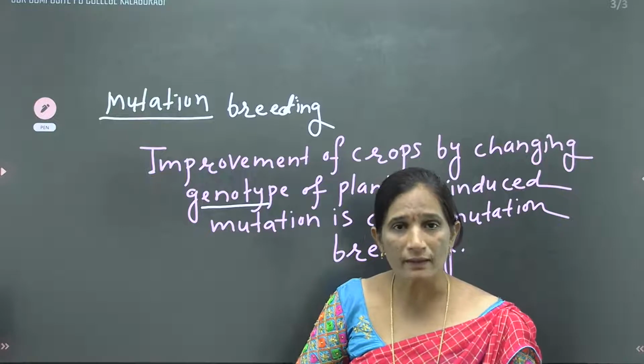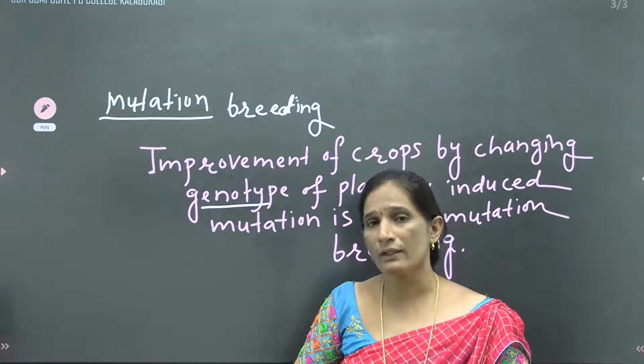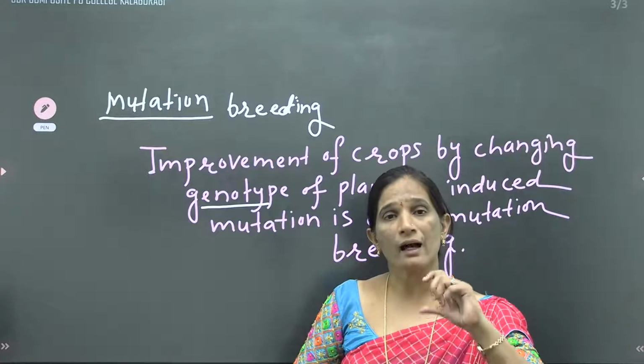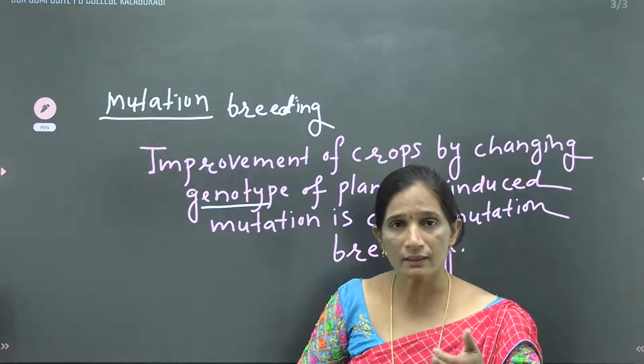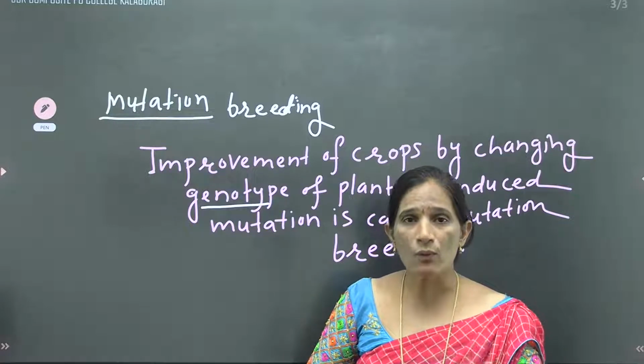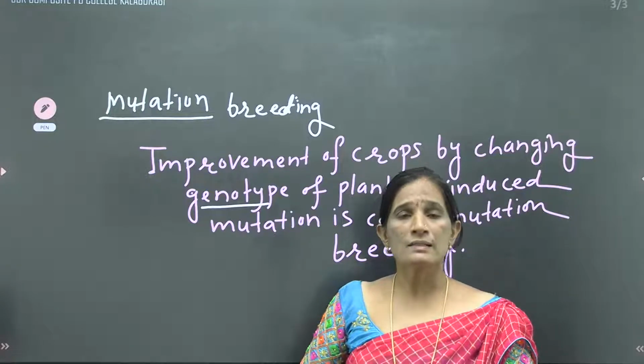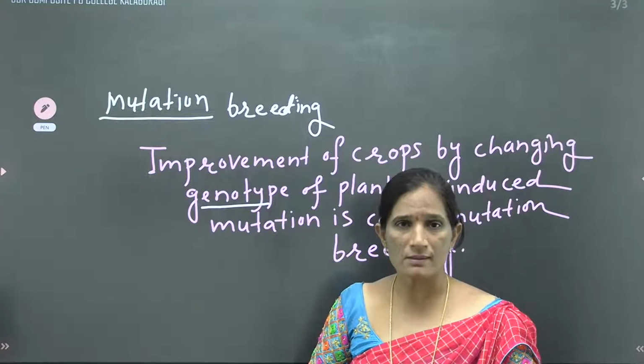It means exposing the seed to physical mutagens or chemical mutagens. They are altering or changing the genotype of the plant. So that is called mutation breeding. Okay, one or two examples are given here.